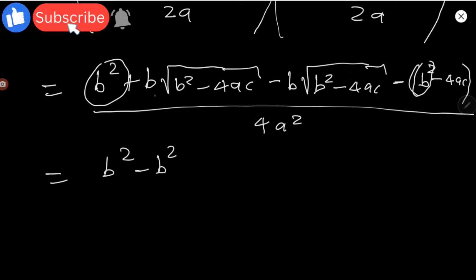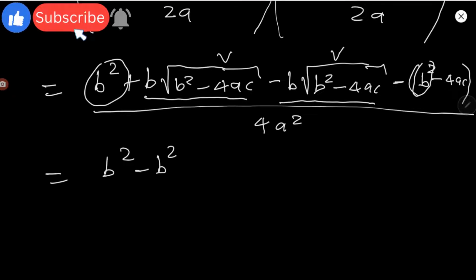From there we can see that this term here and this term here, they are the same, so they'll cancel out because of the signs being different. So the other term that only remains, so this one is done and this one is done.